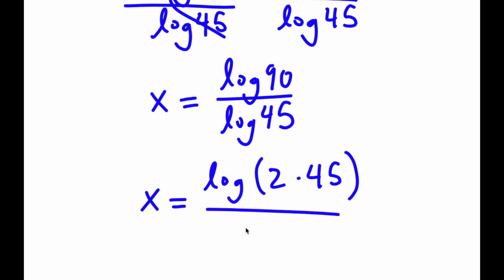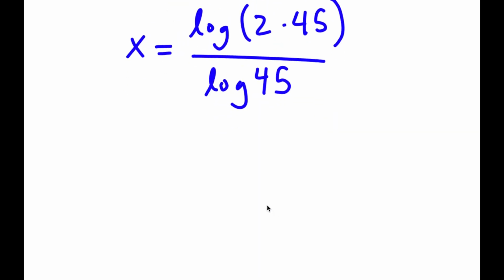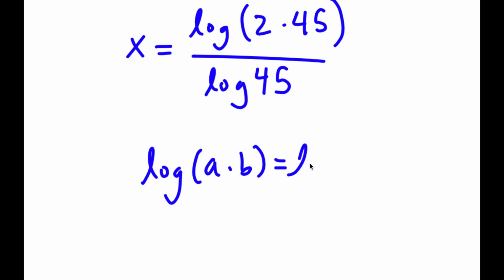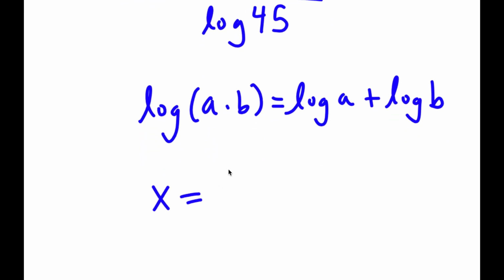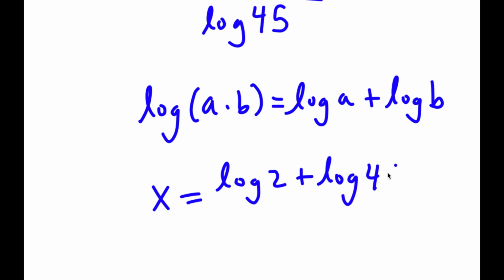So I have this over log 45. And if I have something in the form log of a times b, this is the same thing as log a plus log b. So now I have x is equal to log 2 plus log 45, and I have this over log 45.